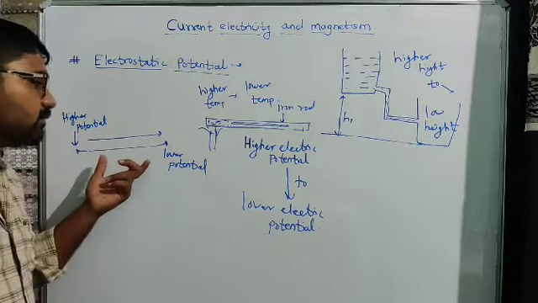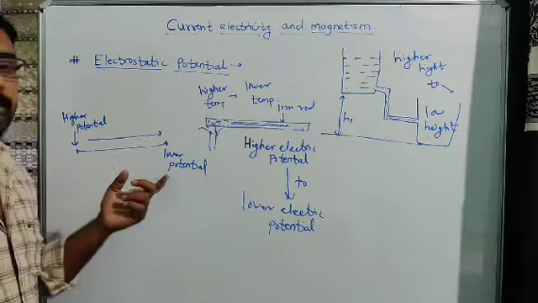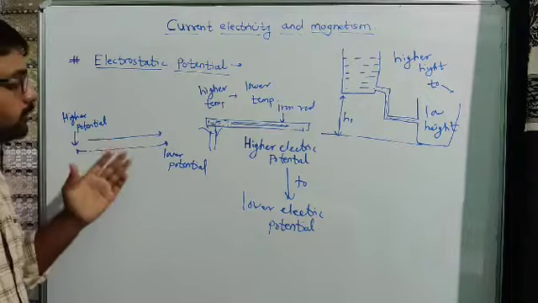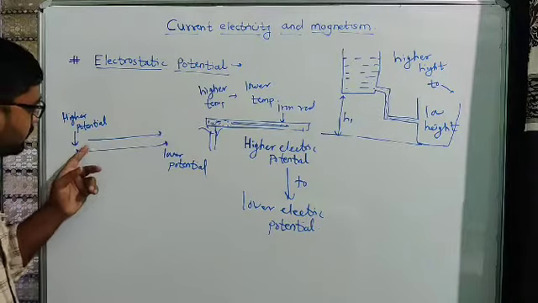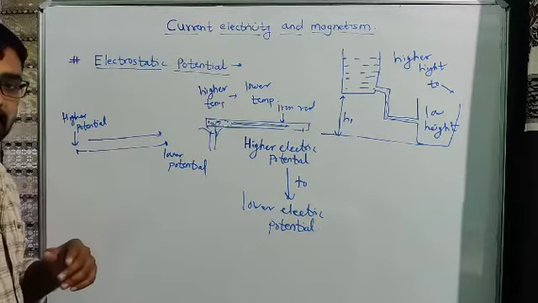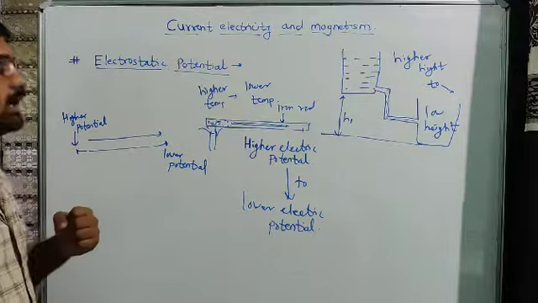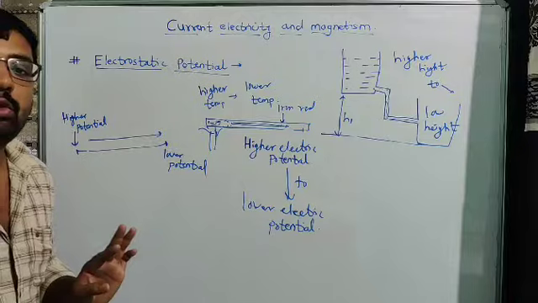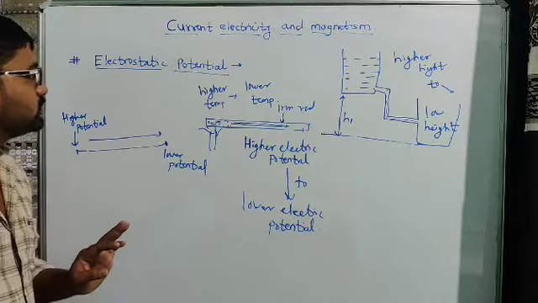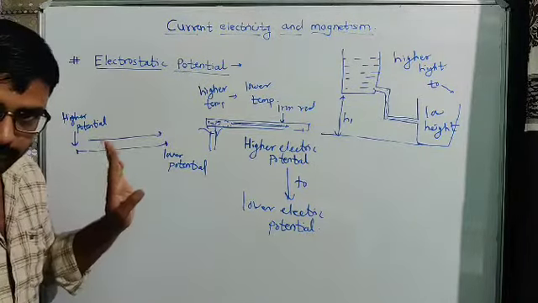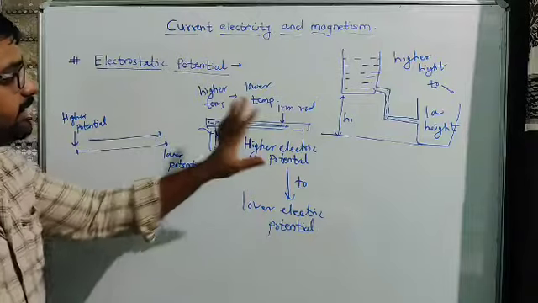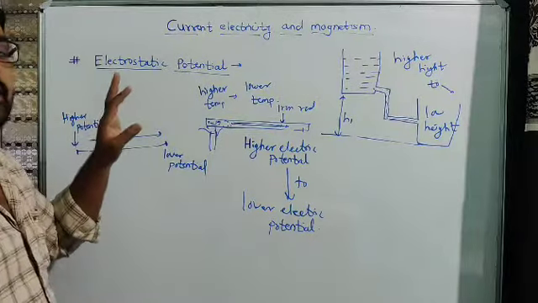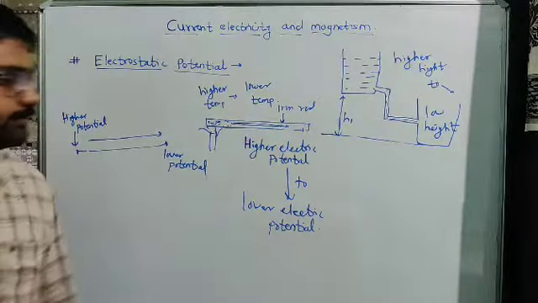If this difference of potential is not there, then they do not flow. And if the difference is present, then charges flow from higher potential towards lower electrostatic potential. That is what we have to bear in mind.